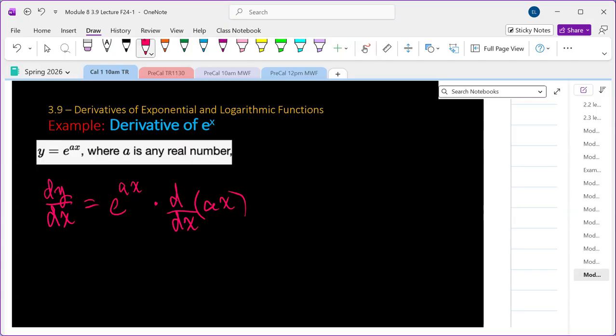So this is just a constant times x, so like 2x or 5x. So what is the derivative of ax? Yep, just a.